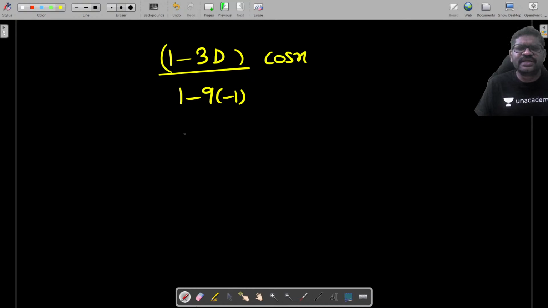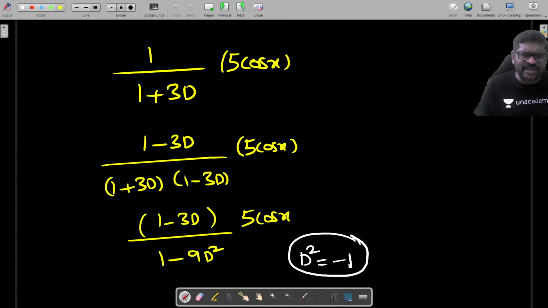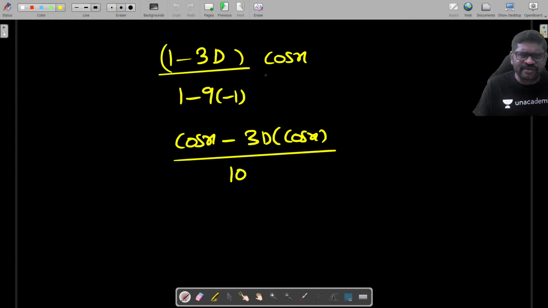That is cos x minus 3 into differentiation of cos x by 10. In the problem they have provided 5 cos x, that's why I am writing 5 outside here.